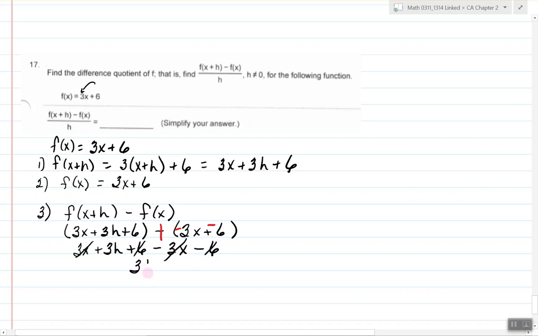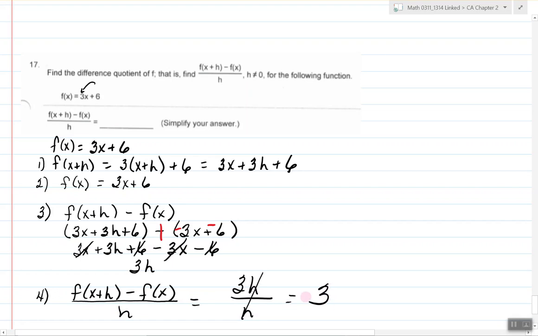You're left with 3h. Step 4 is to take f of x plus h minus f of x, that's what we just got, divide it by h. So that's 3h over h, which is 3. Is that what we predicted?